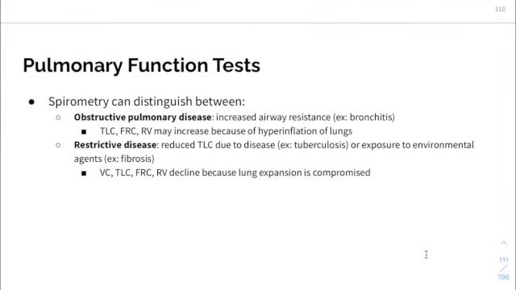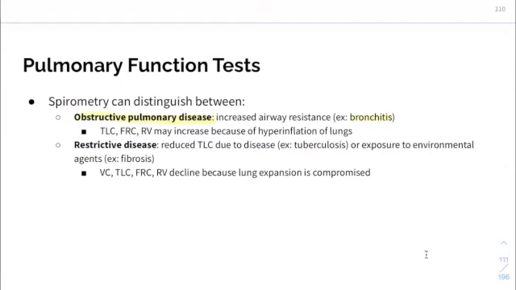So spirometry, those are some of those tests that can determine how much air is traveling in or out of the lungs. It can also determine obstructive pulmonary disease, like bronchitis. We start to get mucus collecting, and that is blocking some of those airways off.